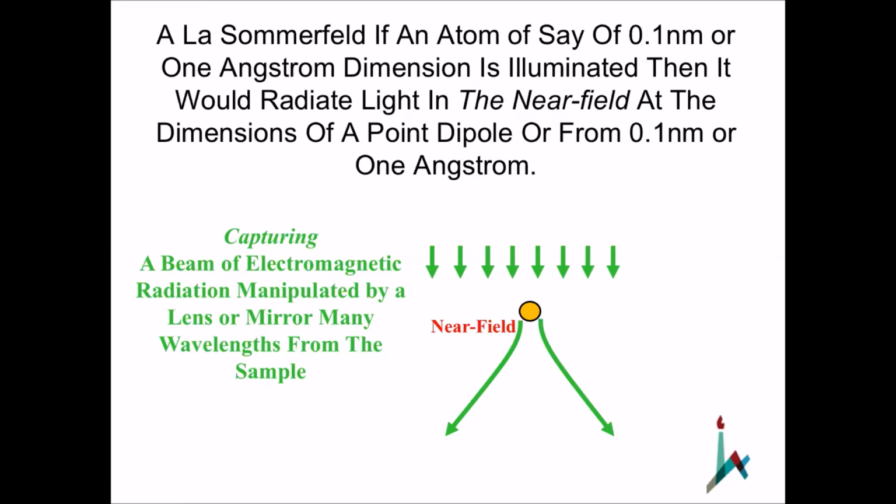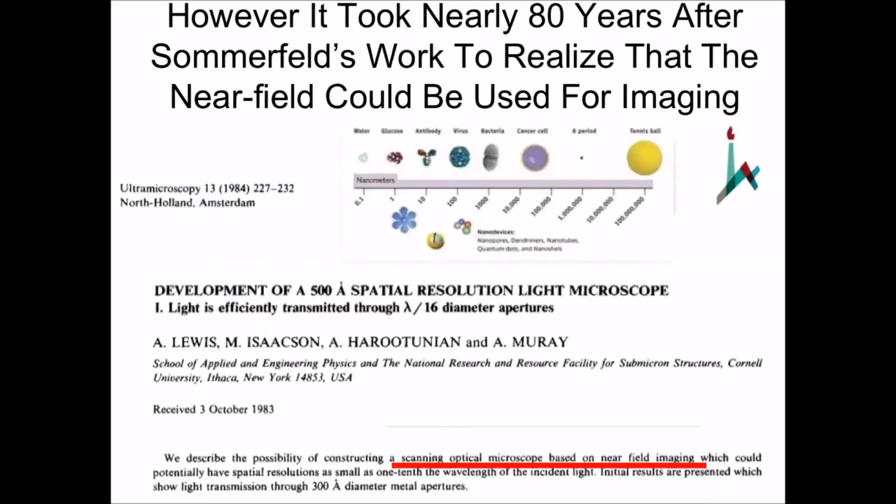Now you must understand at this point in history, the only things that really capture light were lenses and mirrors and prisms. This was a new way to think about how to capture light.